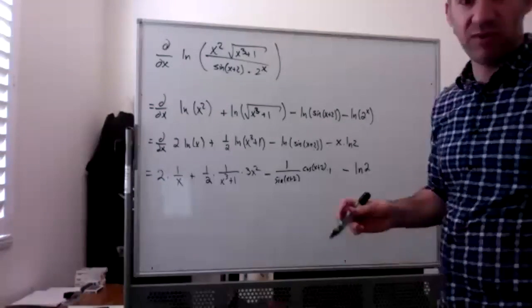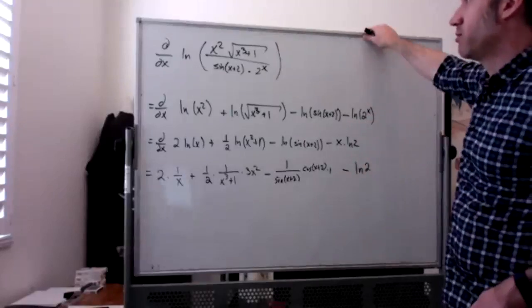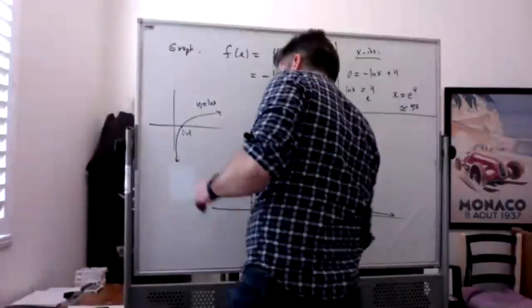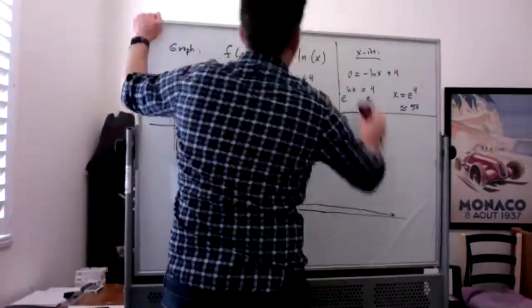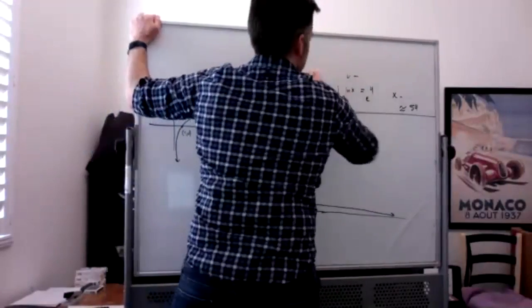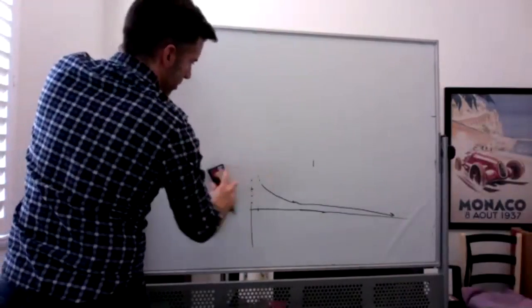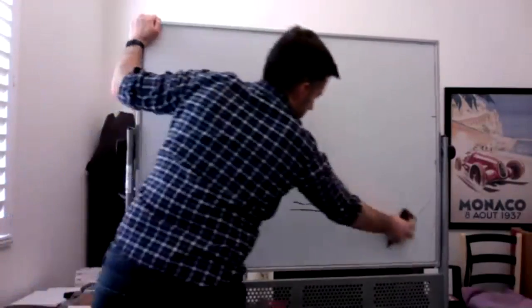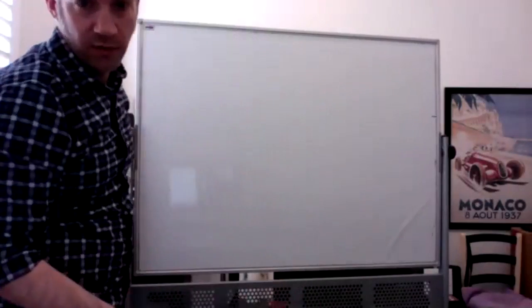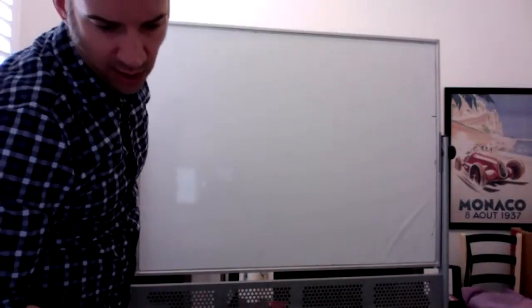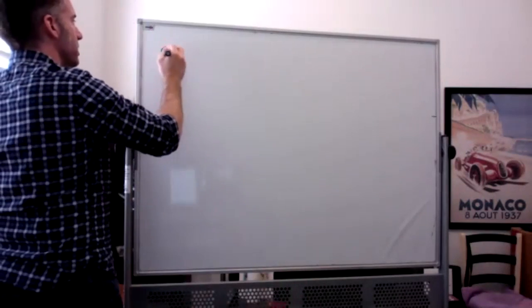However, sometimes it's in our interest to combine some logarithms together. Usually when you're solving a logarithmic equation. So for example, let's say we want to compress into a single logarithm.